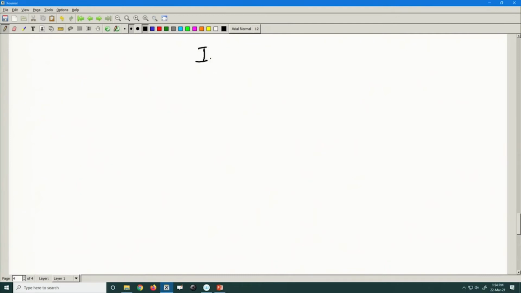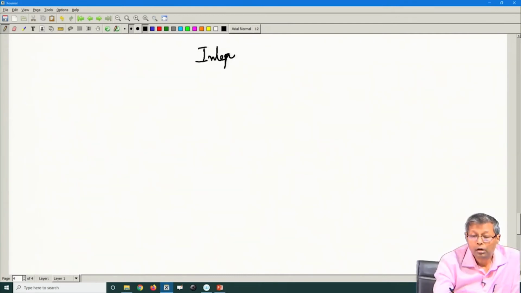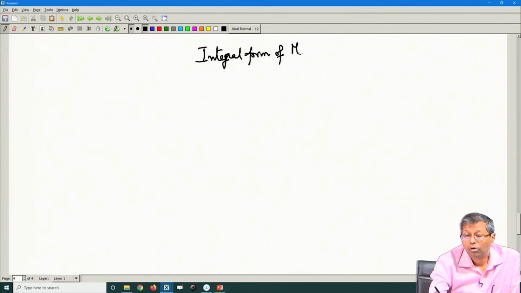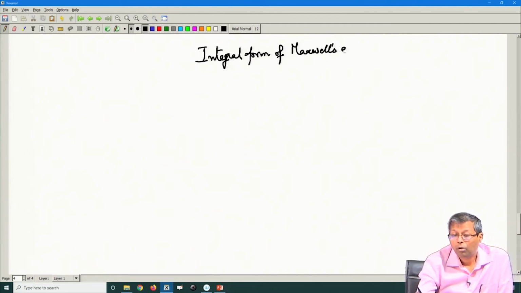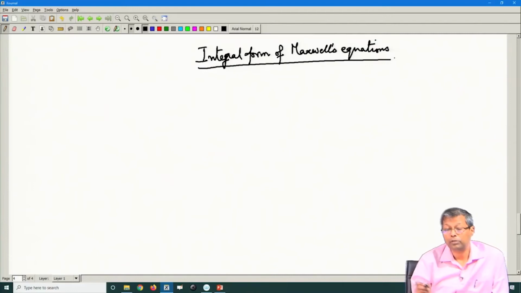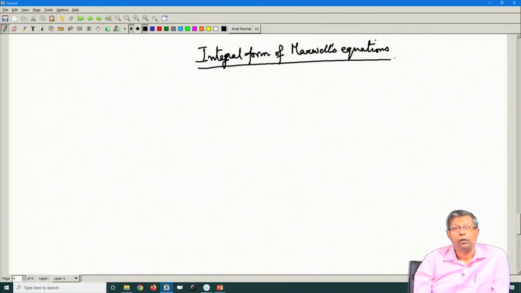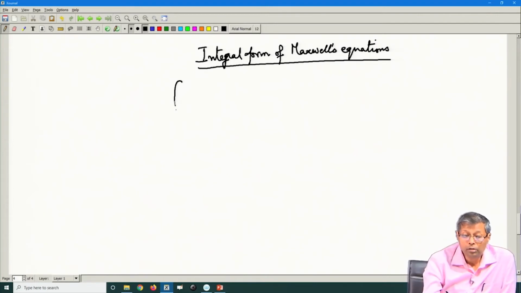So, that we call the integral form of Maxwell's equations. And what are they? Let us write that down.